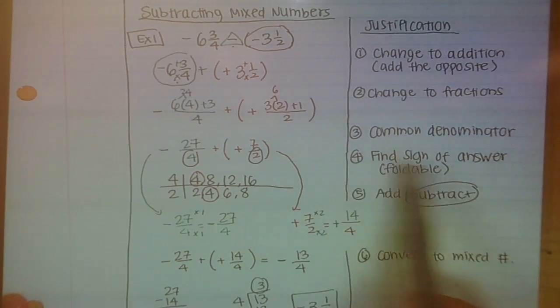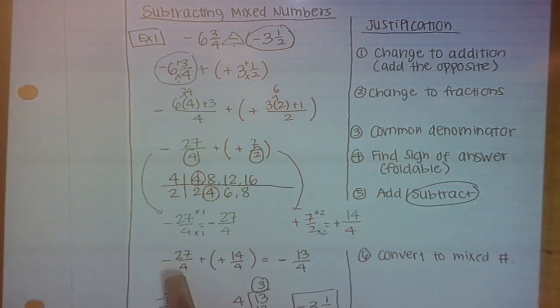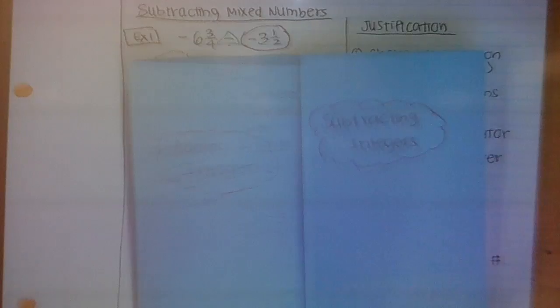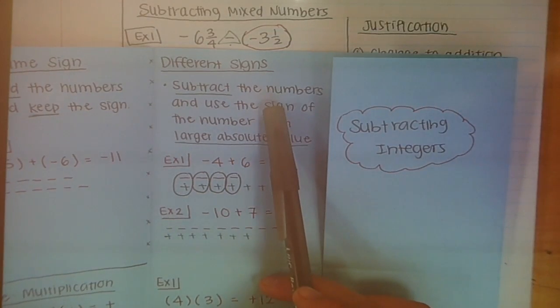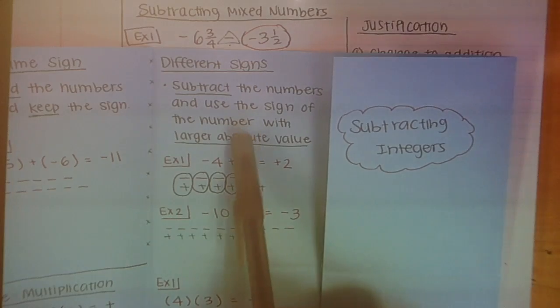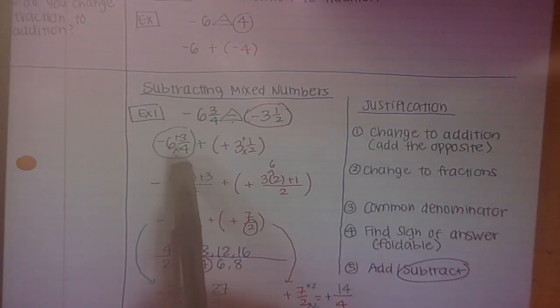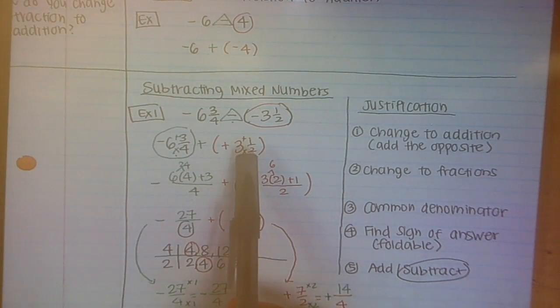And my next step is to find the sign of the answer using my foldable. So I see negative 27 and a positive 14 over 4. So I'm looking at adding integers, and if I open it up, I see they have different signs. So if it's different signs, I subtract the numbers and use the sign of the number with the larger absolute value. So I go back to the original, and I see negative 6 3/4 and positive 3 1/2.